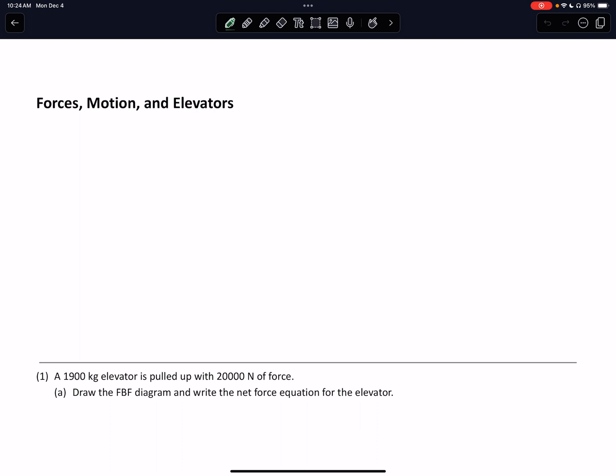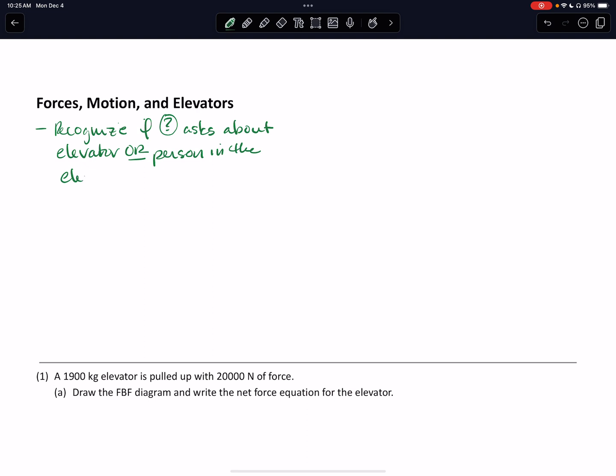All right, so we need to pay attention when we're talking about these elevator problems because it's going to ask us a couple of different things. You need to recognize if the question asks about the elevator or a person in the elevator.